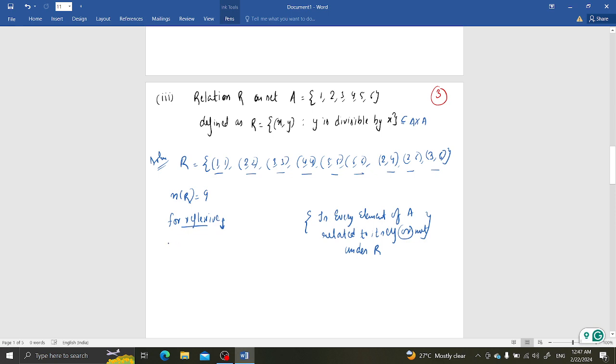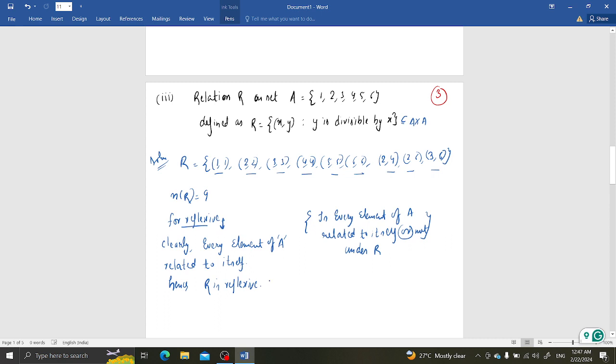So what we can write here clearly? Clearly every element of A is related to itself, hence R is reflexive.